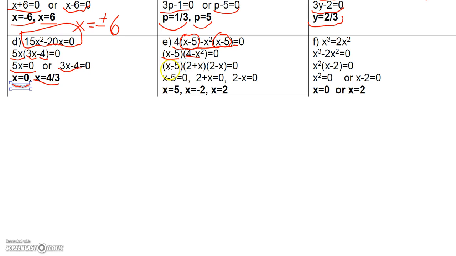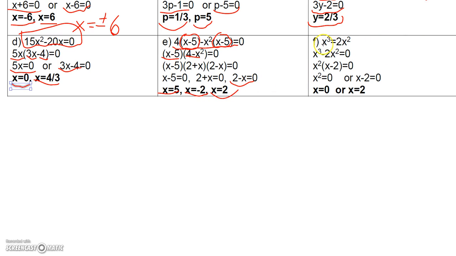So I have three factors this time: x minus 5, 2 plus x, and 2 minus x. Set each one equal to 0, because this whole product is equal to 0, so I can use the zero product property. So x minus 5 equals 0, and if I solve that, I get x equals 5. Then 2 plus x equals 0 gives x equals negative 2. And 2 minus x equals 0 gives x equals positive 2.